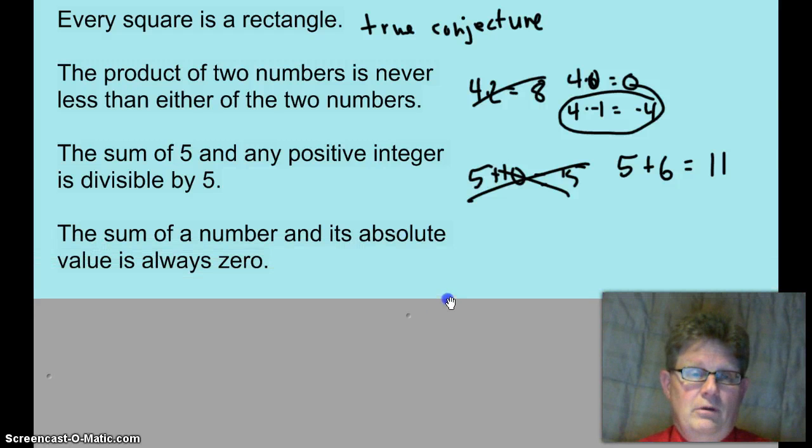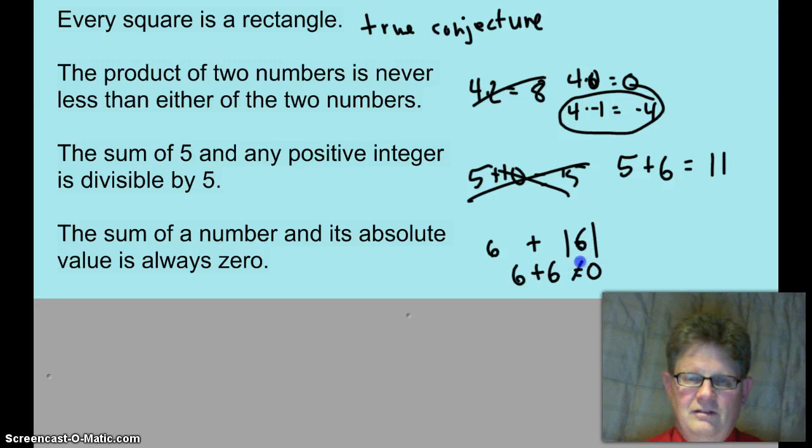The sum of a number and its absolute value is always 0. Like 6 plus the absolute value of 6. 6 plus 6 equals 0? No, it doesn't. There you go.